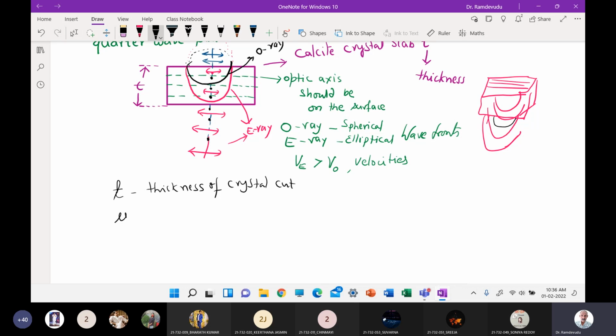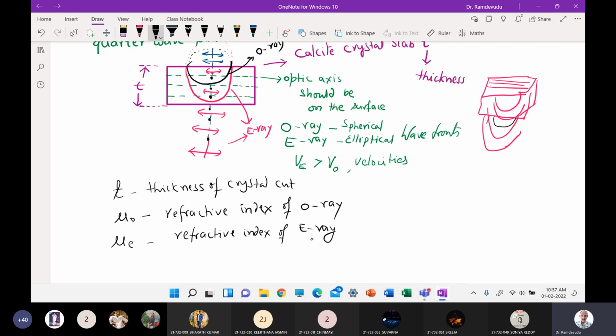And suppose mu naught is the refractive index of the O ray, and mu E is the refractive index of the E ray. Now I have to take the path difference.